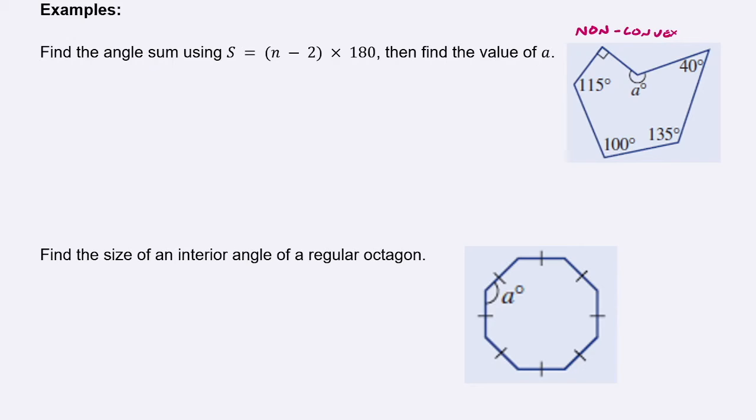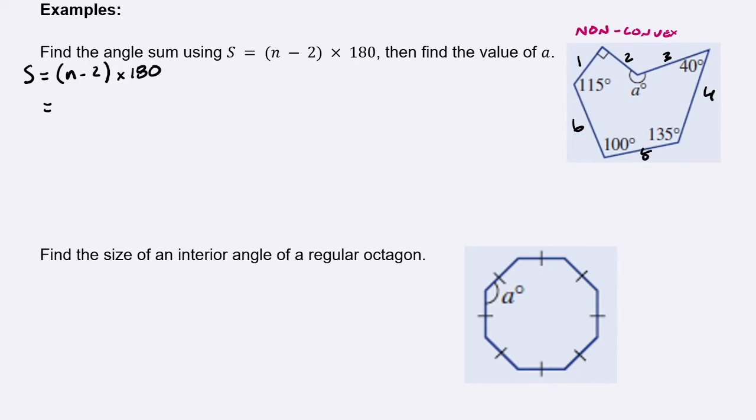So first thing I'm going to do is start by writing down my formula. Some of you watching will already know this. This is something that I do very regularly, and I highly recommend it because it helps you know where you're putting things. Now, this is a 1, 2, 3, 4, 5, 6-sided shape, making it a hexagon.